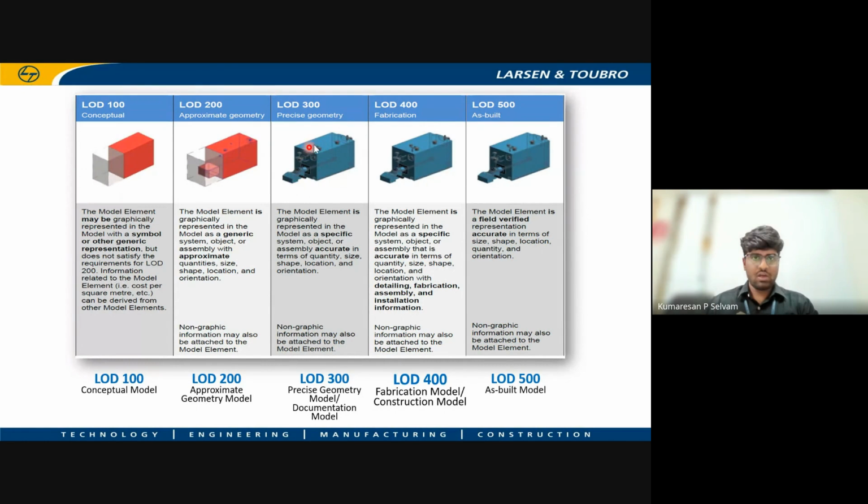That is why LOD 300 is mostly used for construction, whereas an upgraded version of LOD 300 is LOD 350, with some more details. For example, in a beam, the length, width, and depth of the beam will be given in LOD 300, whereas in LOD 350 all the reinforcement details will be provided, and in LOD 400 all the double bars and these details will be provided.